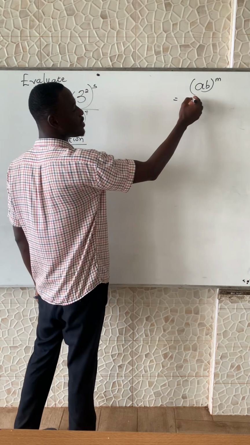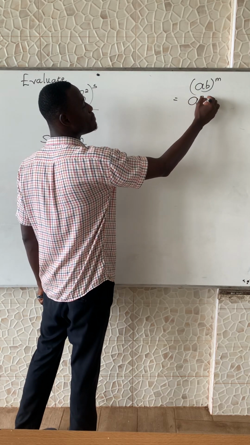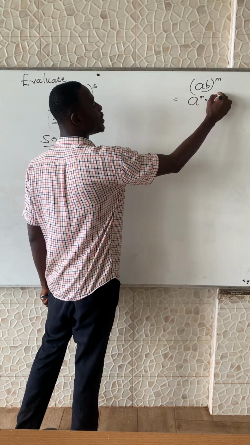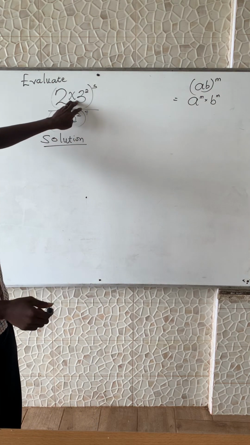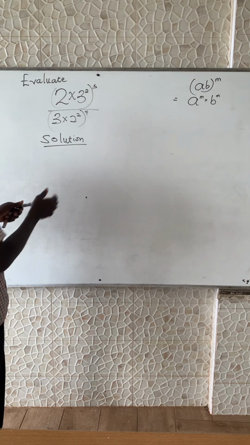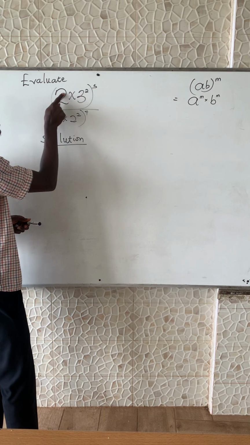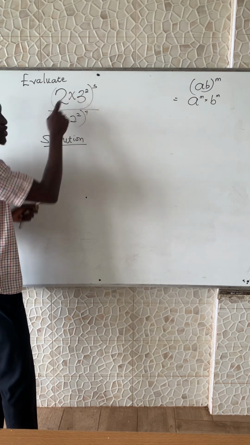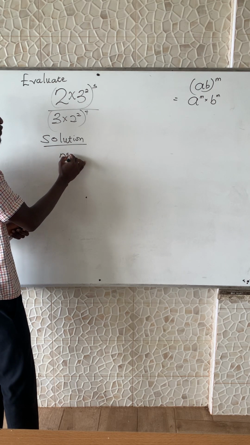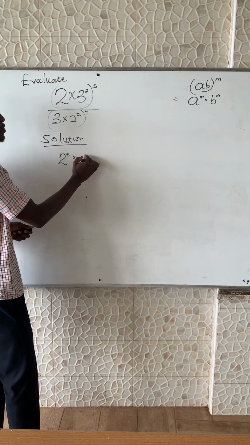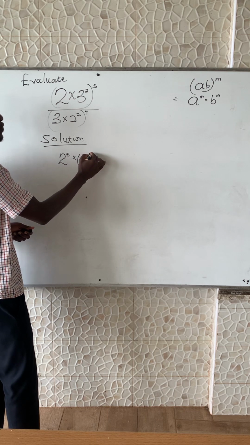So this will give us a exponent m times b exponent m. The same law can be applied over here, so we're going to apportion the exponent to each of these 2 numbers. This will give us 2 exponent 5 times (3 exponent 2) all exponent 5.